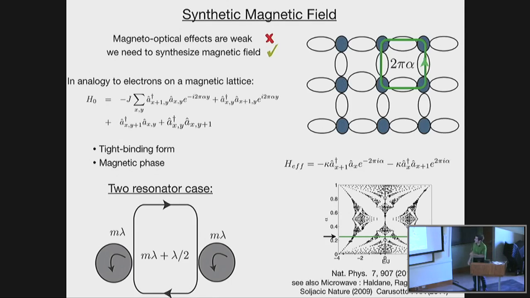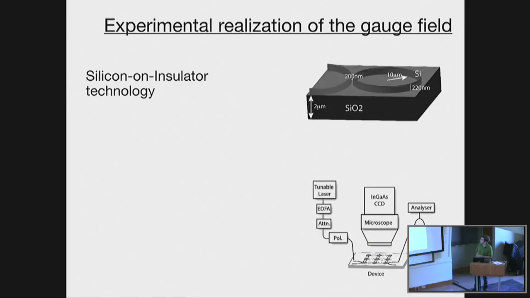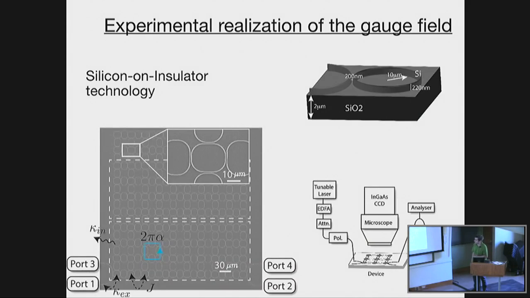So now we have the Hofstadter. If we send the photon exactly at the edge, the photon should propagate around the edge. If we send the photon at the bulk energy, then we go into the bulk. Okay. So we did the experiment using silicon on insulator technology.